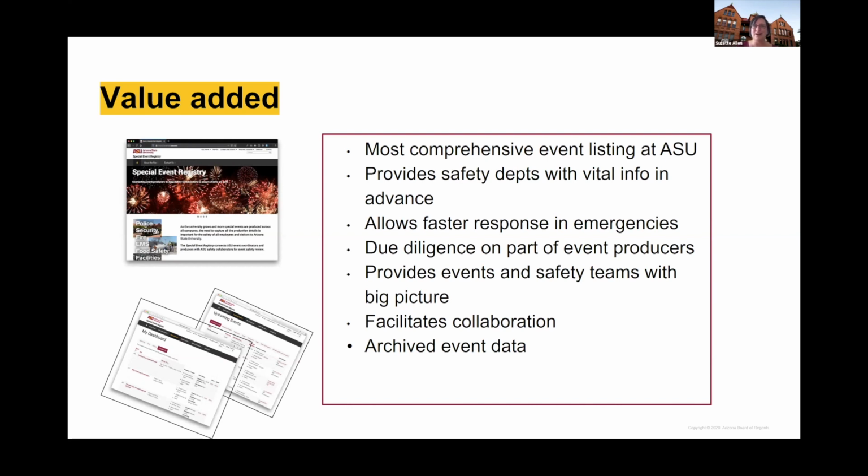So it provides a faster response for emergencies. Due diligence on the part of the event producer. These questions prompt me to remember things that I needed to think through that I hadn't thought of before. So it really is a valuable tool. And then it facilitates collaboration.